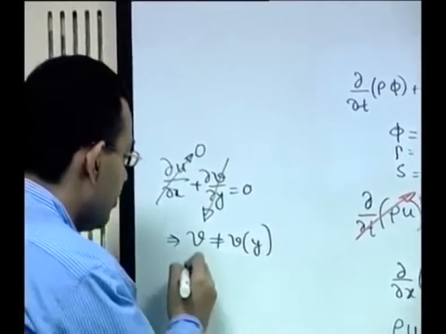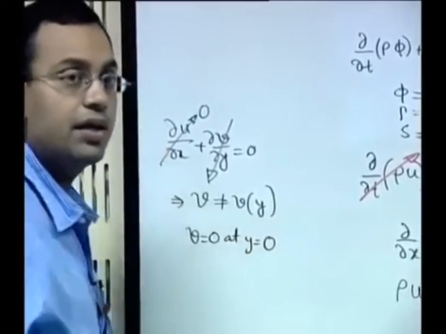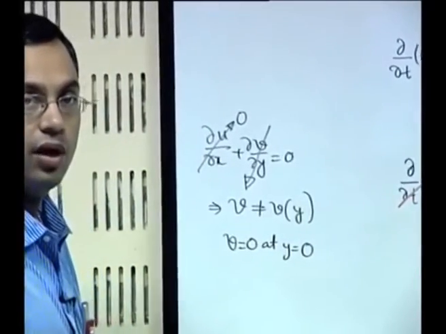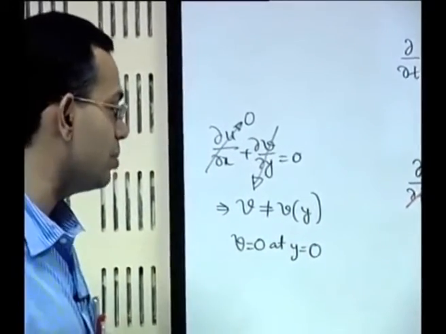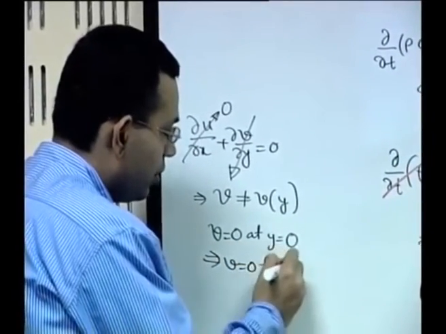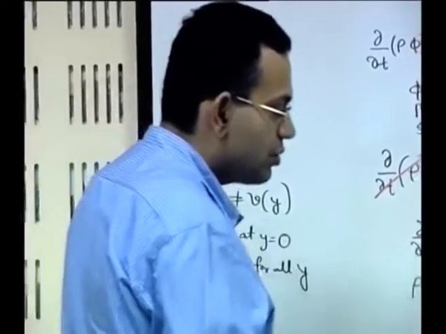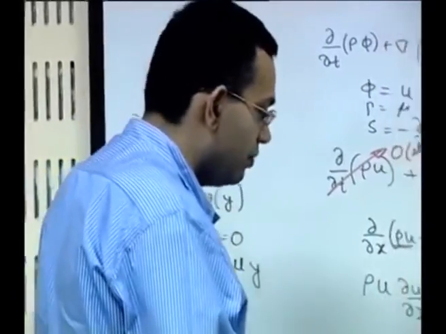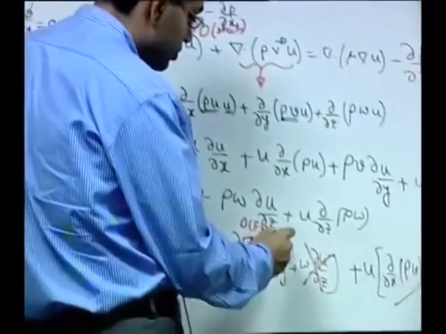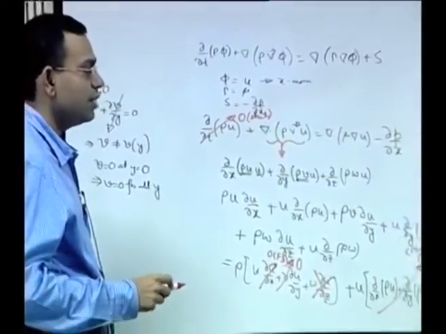We can say that v is equal to 0 at y equal to 0 by virtue of no penetration boundary condition at the wall, say bottom wall as an example, which implies that v is equal to 0 for all y. So, it is also a consequence of the fully developed flow that v is identically 0. Therefore, the left hand side becomes 0.